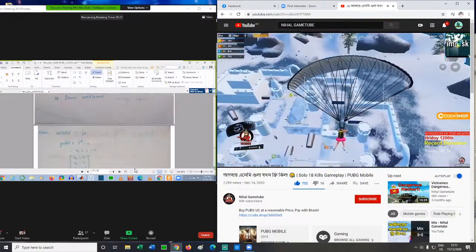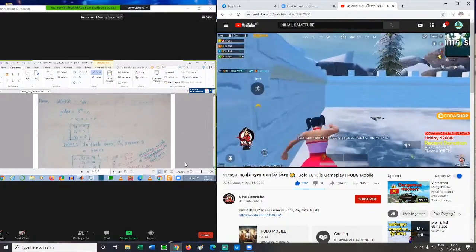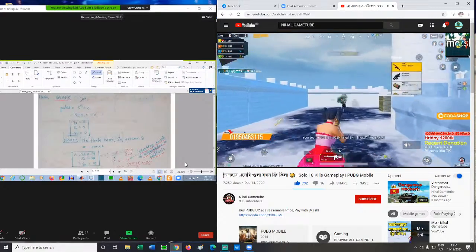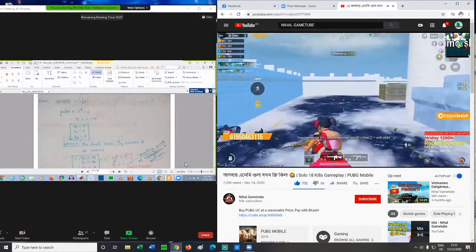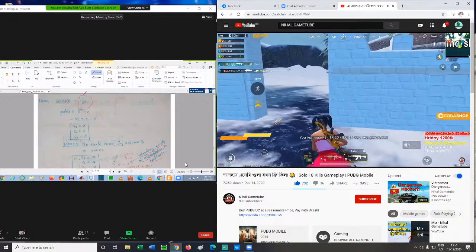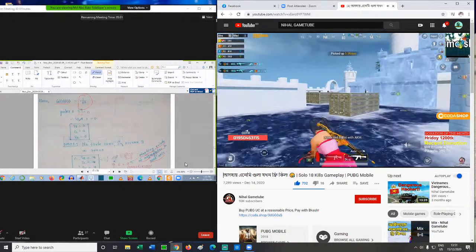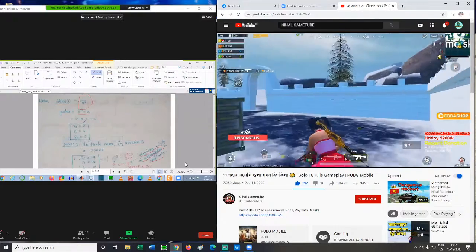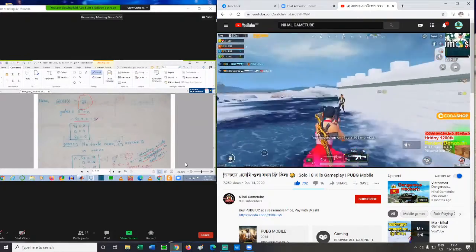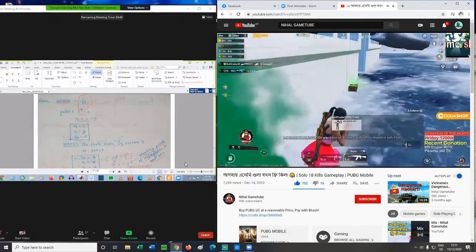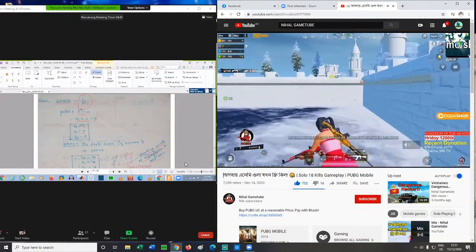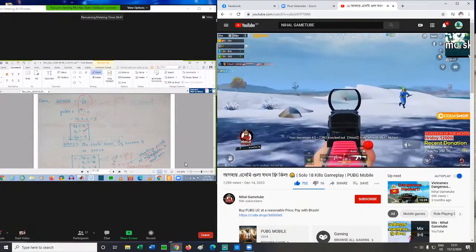Let's check: G(s)H(s) equals 1 by s cube, so the poles are where s cube equals 0. We have 3 poles because of the cube term, and s1 equals 0, s2 equals 0, and s3 equals 0. All the values of those 3 poles are zeros.